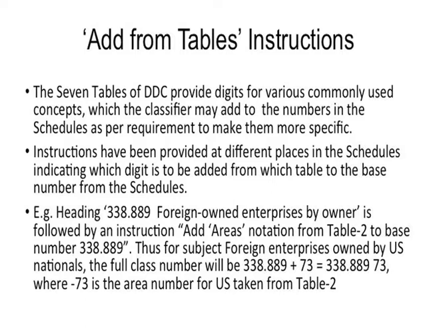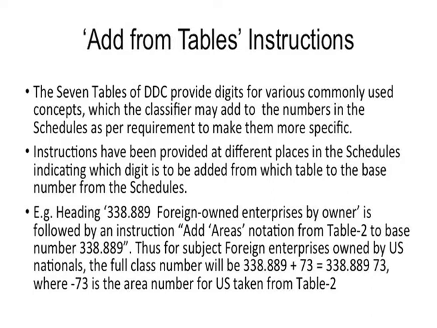So, numbers from the 7 tables may be added to the basic subject numbers of the schedules as per the requirement, to make them more specific. These instructions have been provided at different places in the schedules, indicating which digit is to be added from which table to the base number from the schedules.